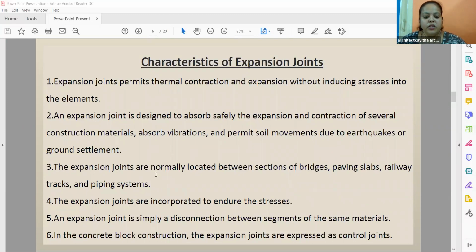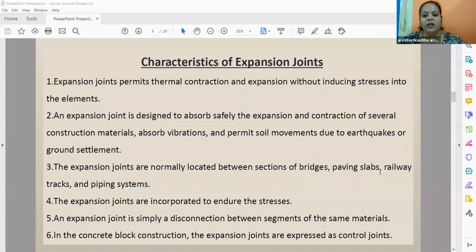Next, the expansion joints are normally located between sections of bridges, paving slabs, railway tracks, and piping systems. Where it is more used is in bridges, because the length of the bridge is going to be very long. Paving slabs, where you have continuation of slabs in the paving.